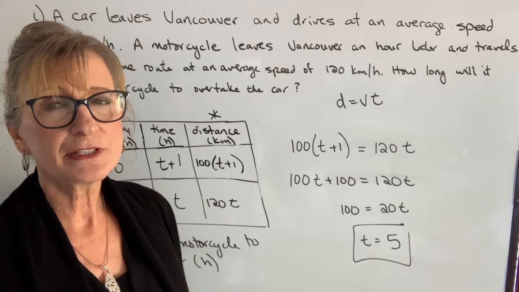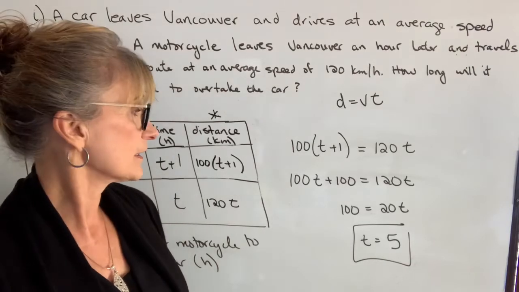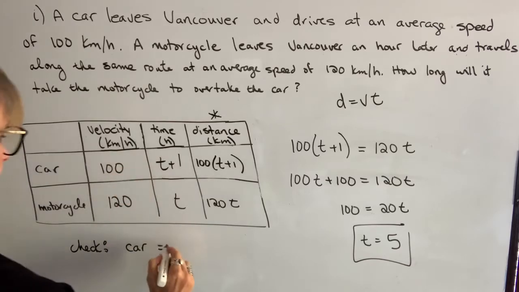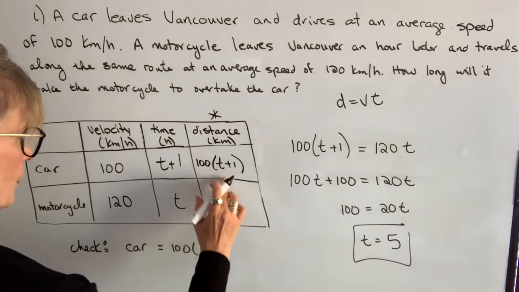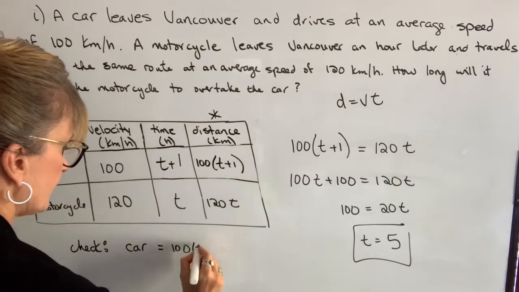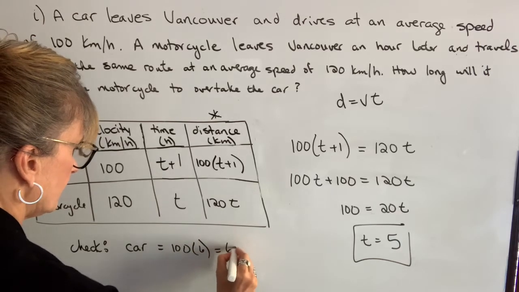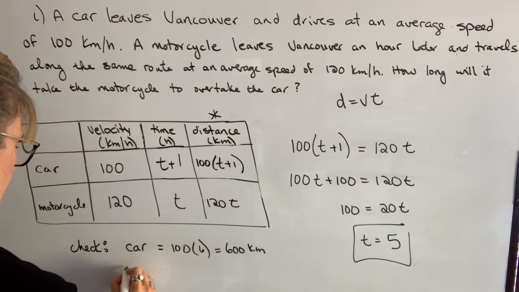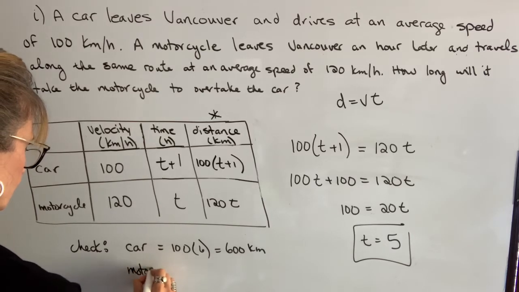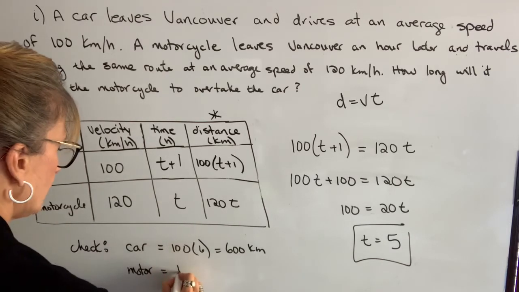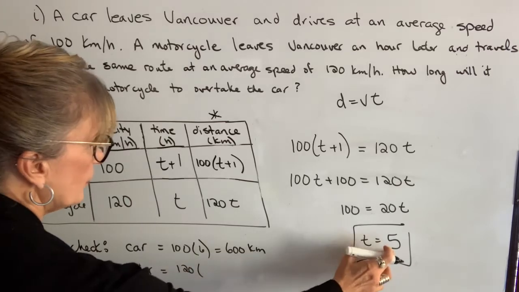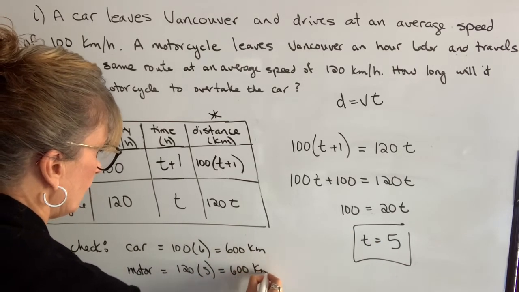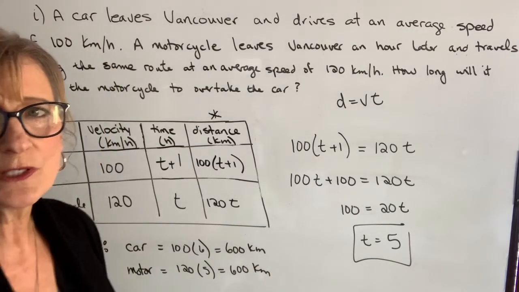Let's do a check to make sure that that's the correct solution. The car travels at 100 kilometers an hour for t plus 1 hour, so 6 hours. So the car's traveled 600 kilometers. The motorcycle travels at 120 kilometers per hour for 5 hours. So it also travels 600 kilometers. So we've done our check.